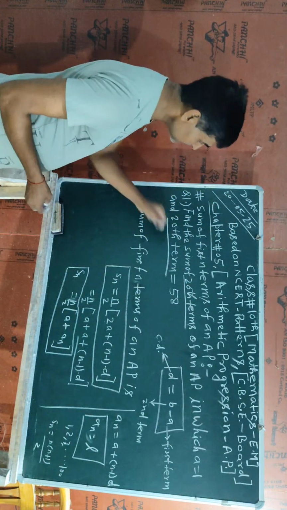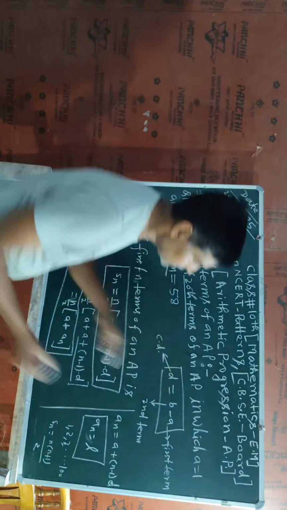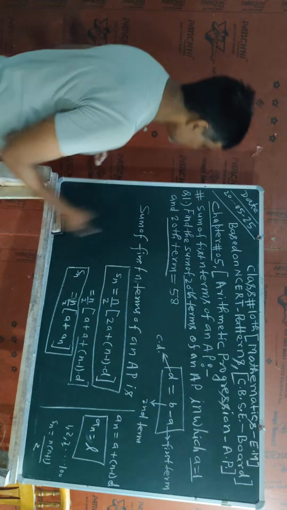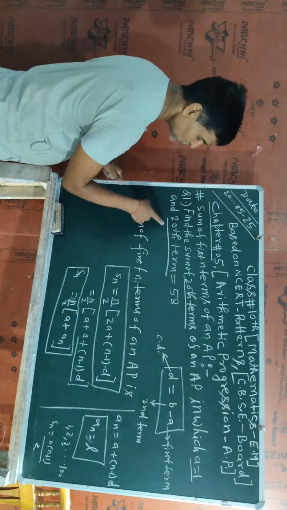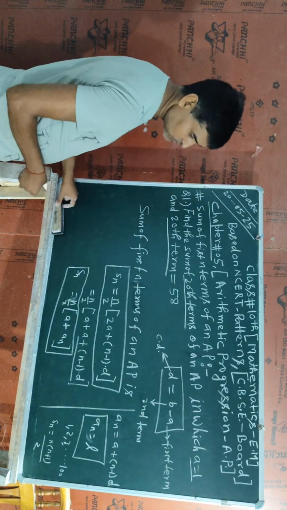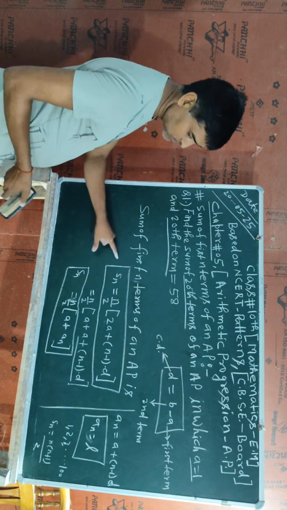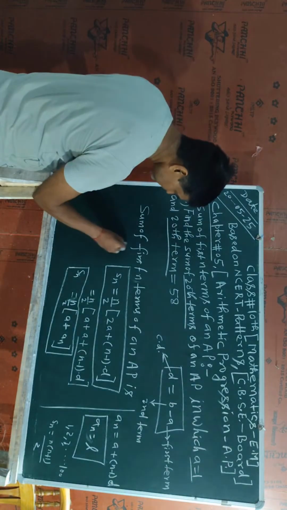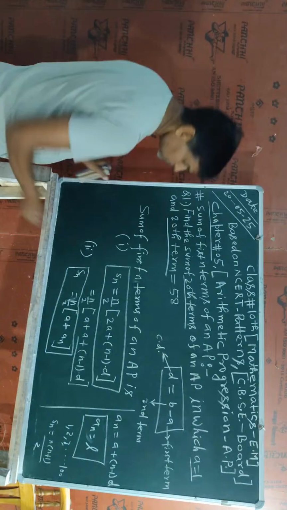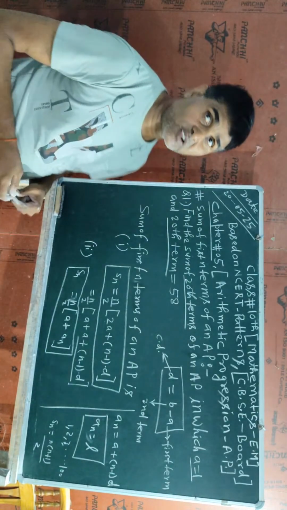Here the first term is given, a equal to 1, and the last term, n equal to 20, 20 terms are given. These two formulas students have to remember clearly, because without these formulas students cannot solve any question.